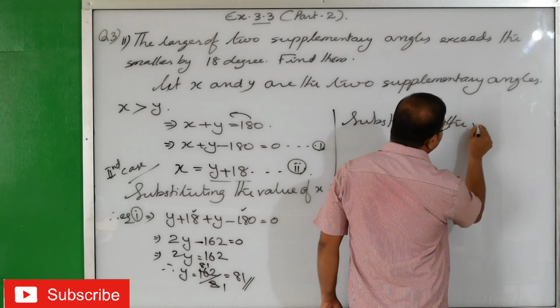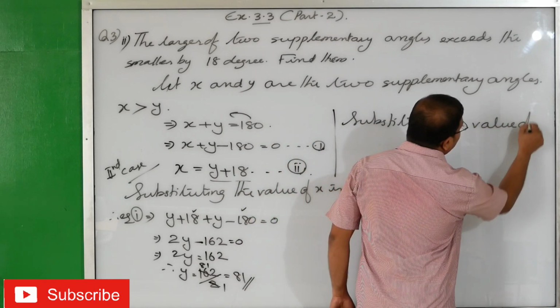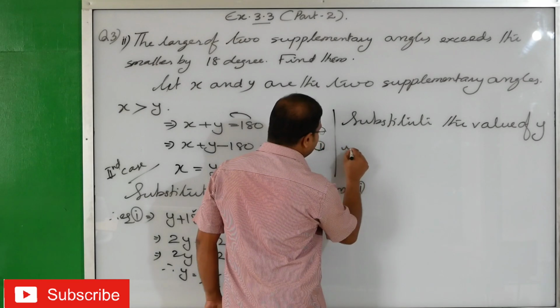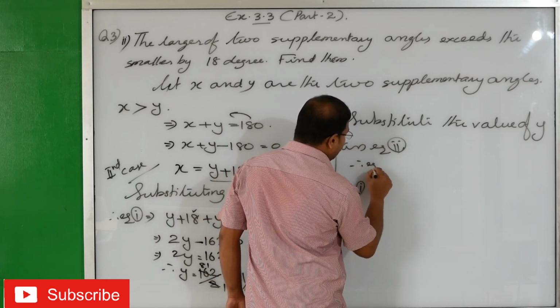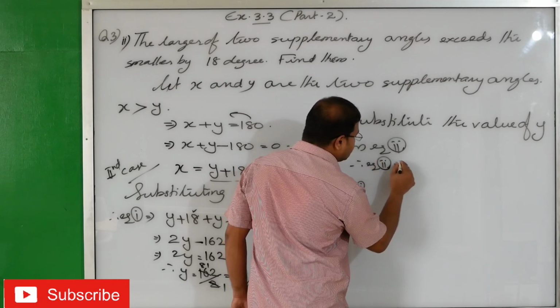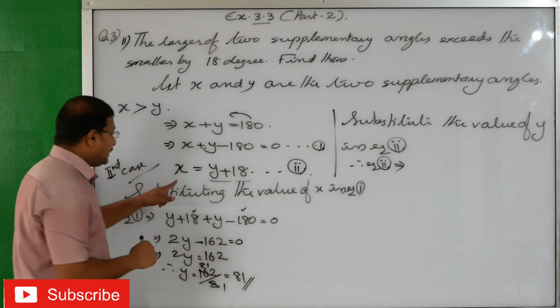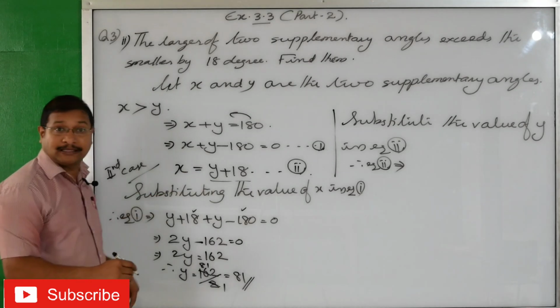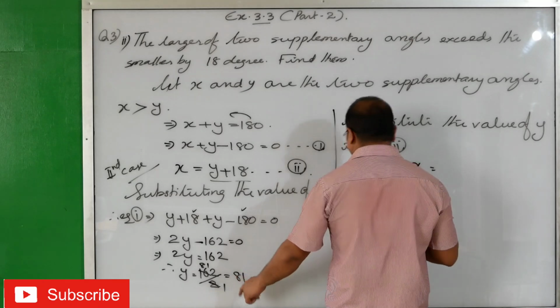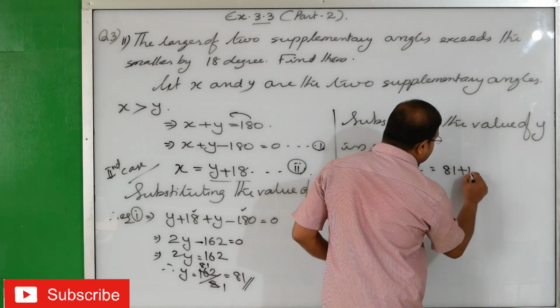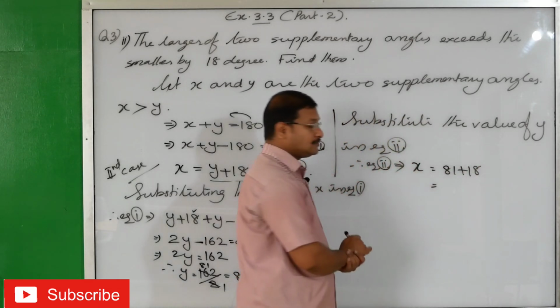Now, we will substitute the value of y in equation 2. Therefore, equation 2 implies, what is the second equation? Second equation is x equals y plus 18. Therefore, x equals y plus 18. In place of y, we will write 81 plus 18 equals.